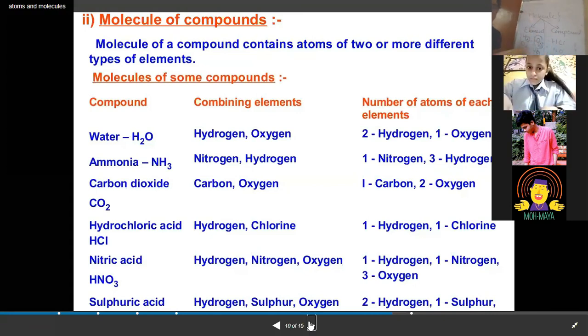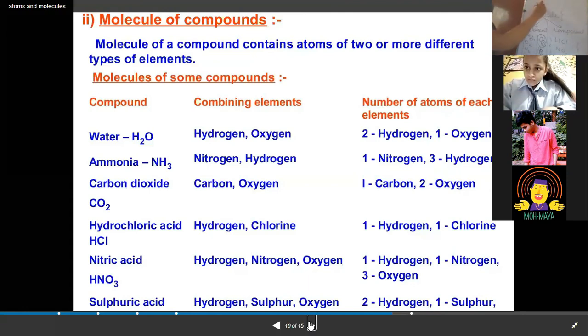Whatever you see in the formula, like H2, H2SO4, represents the number of atoms present in the molecule.